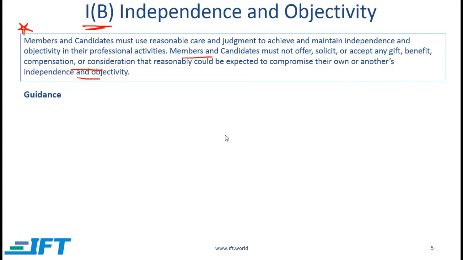Let's now look at the guidance, and here we will look at the different situations and circumstances where potentially independence and objectivity might be compromised. To help you understand this well, let's just create a scenario.